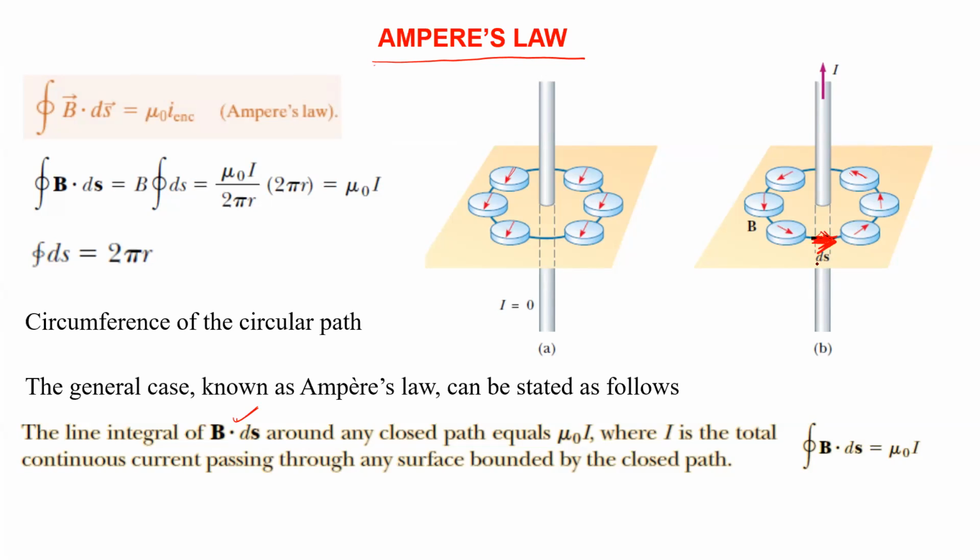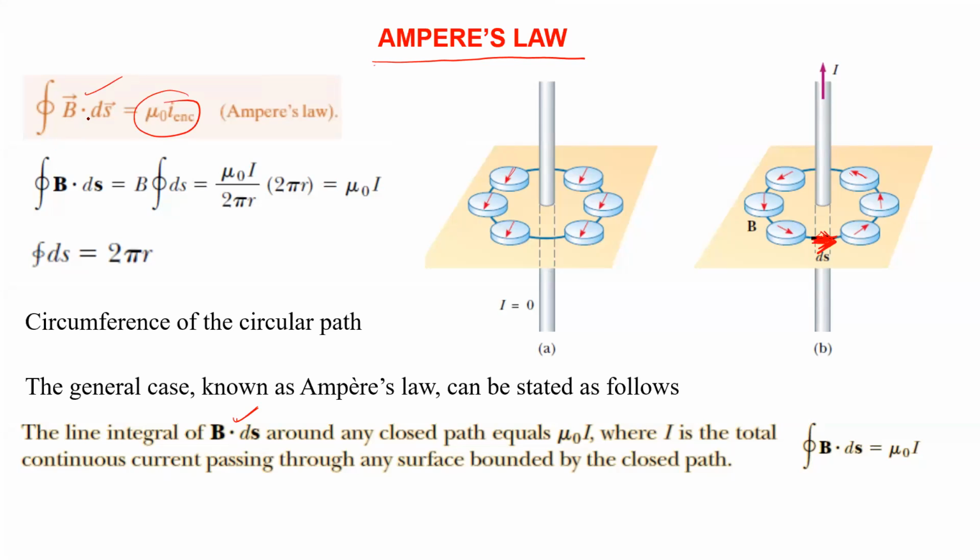Radius; this magnetic field is parallel to the ds element, okay. So the dot product applies, and the closed integration of B dot ds is equal to mu 0 into the current enclosed inside.